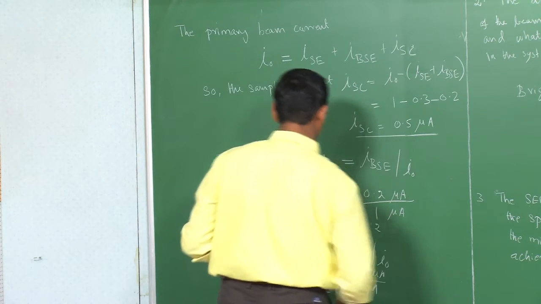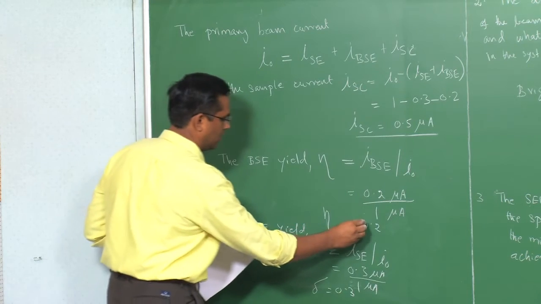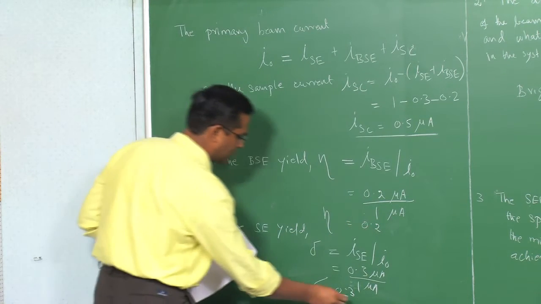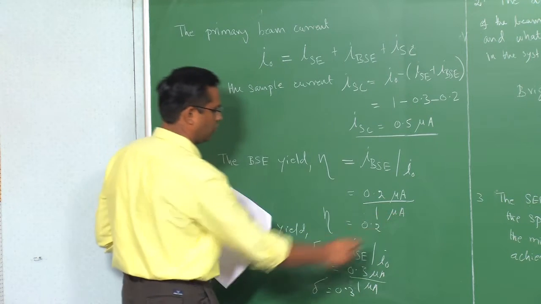This is 0.2. The yield is written as 0.2, here the yield is written 0.3. There are no units here.